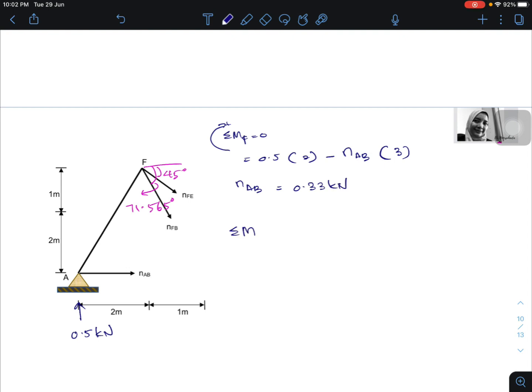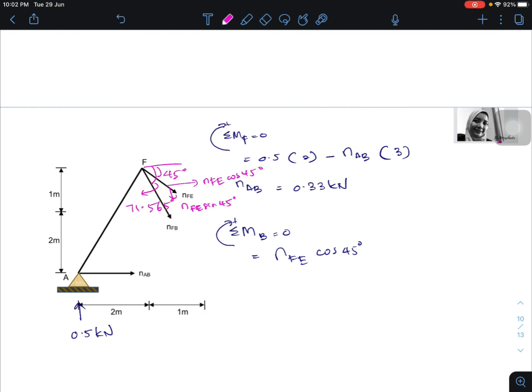Now we take moment at B equal to 0. So NFE cos 45 degree, and NFE sine 45 degree, which are the resultants of the inclined member force.